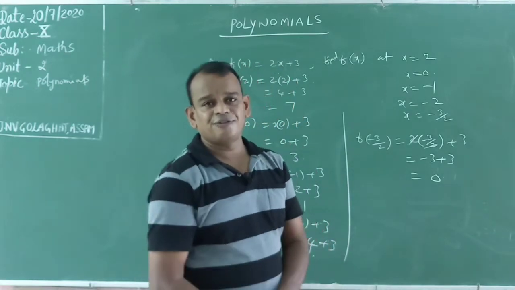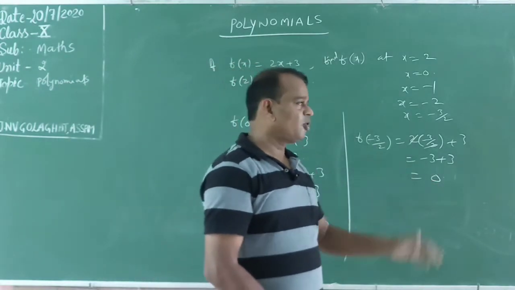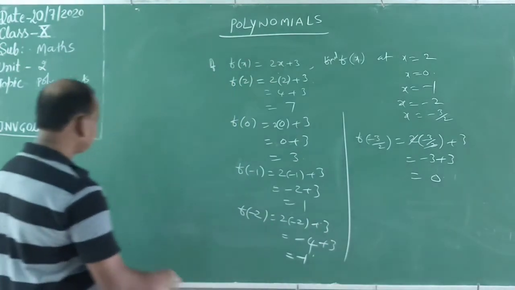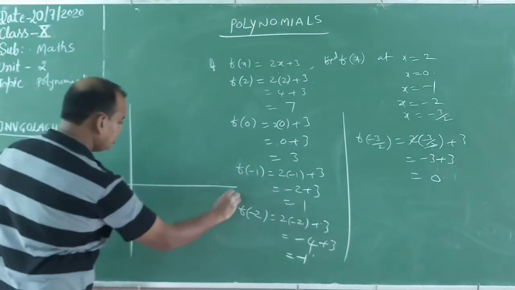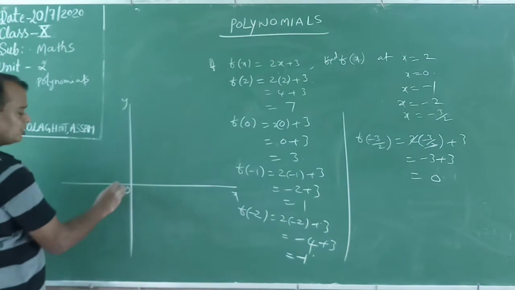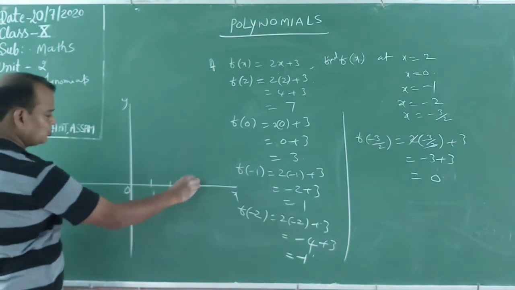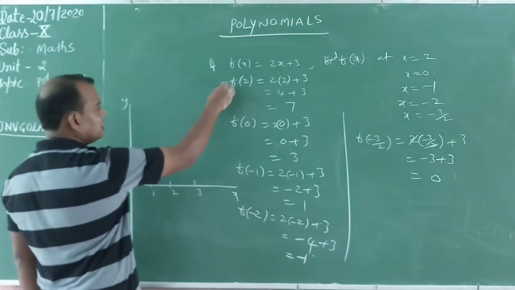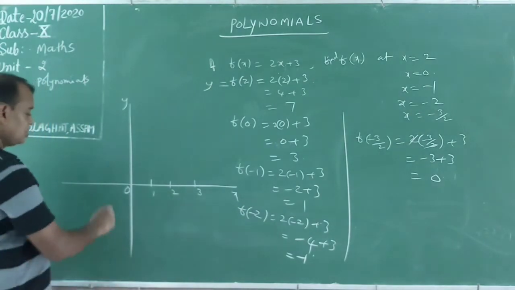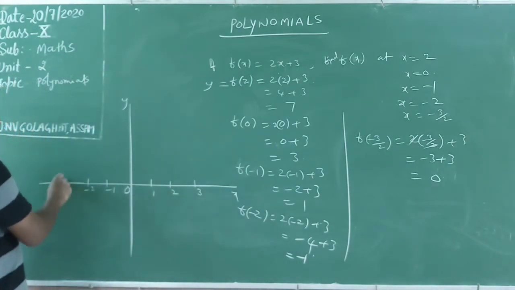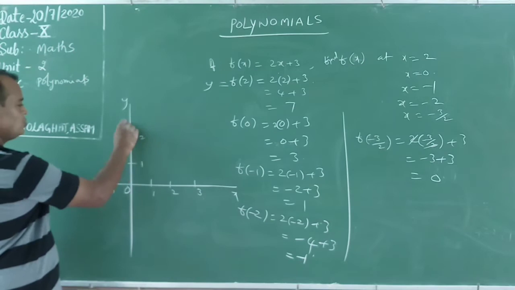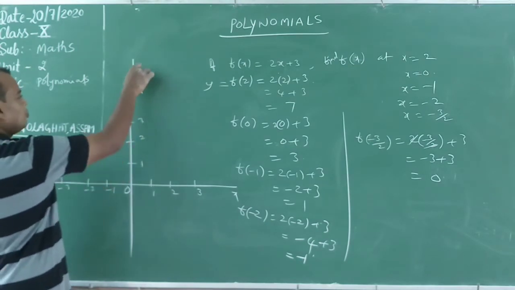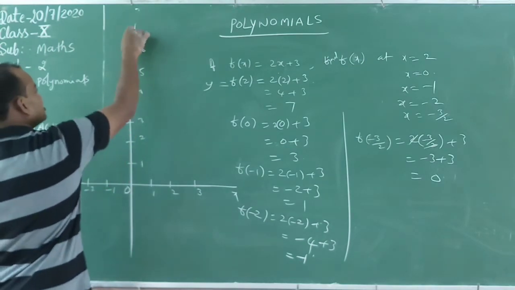Now draw the graph for this linear polynomial. You know very well. For suppose this is the x-axis, this is the y-axis, 0. X value 1, y value 2, 3. f of x is nothing but the y values, y is equal to f of x. This is minus 1, minus 2, minus 3. This is 1, 2, 3, 4, 5, 6, 7.